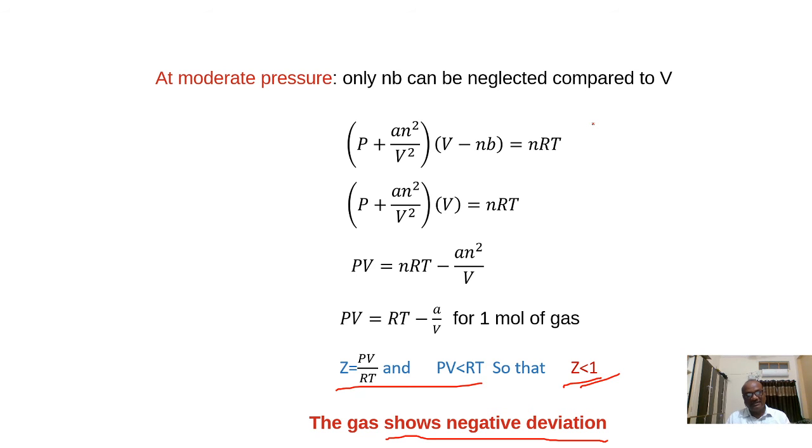If Z is less than 1, it is called a negative deviation, and it indicates intermolecular attraction forces of that gas system. So here, Z is less than 1 means the gas will show the negative deviation. At moderate pressure, the gas will show the negative deviation because Z is becoming less than 1. It shows the negative deviation and the molecules will have the intermolecular attraction forces.